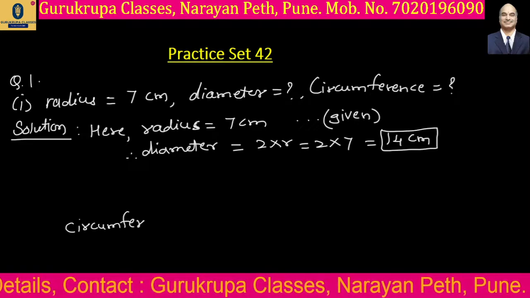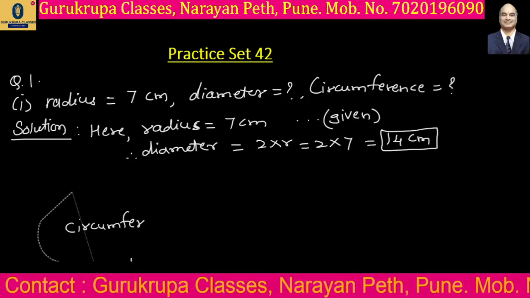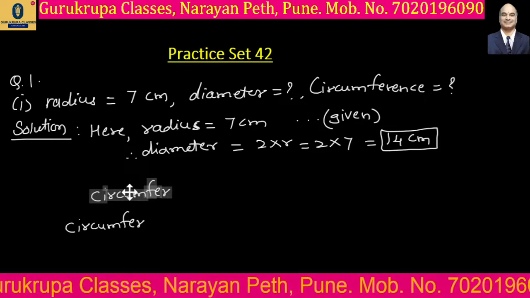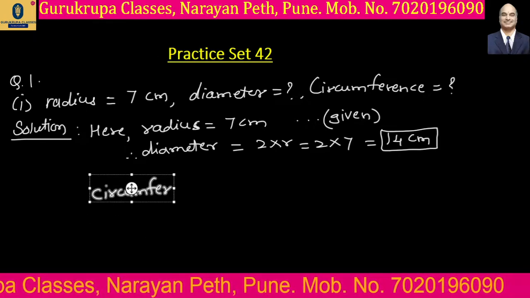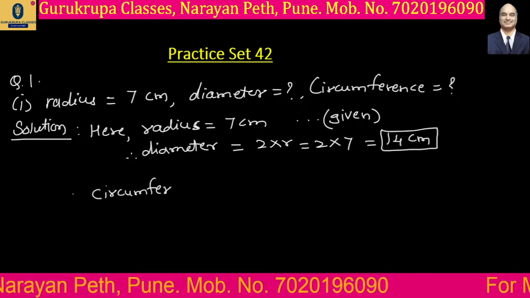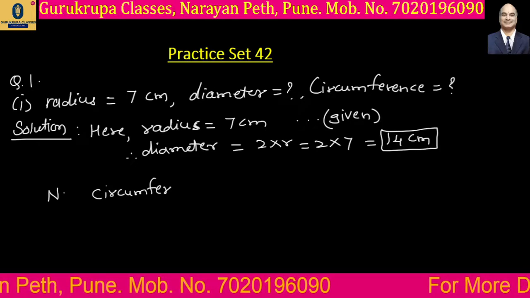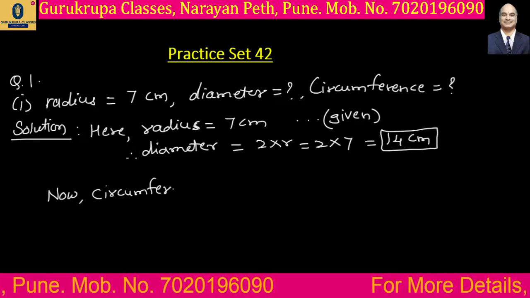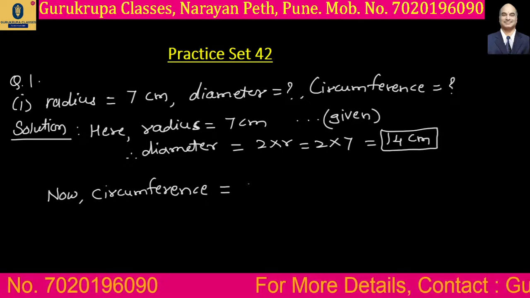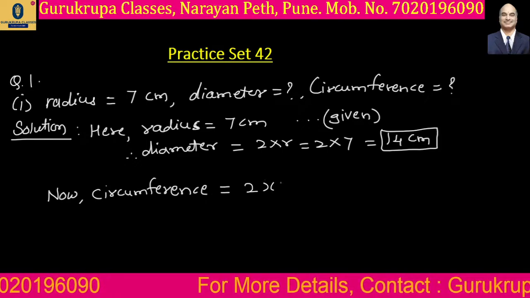Now, here we can find the circumference by using the formula of the circumference. Circumference is equal to 2 pi r.